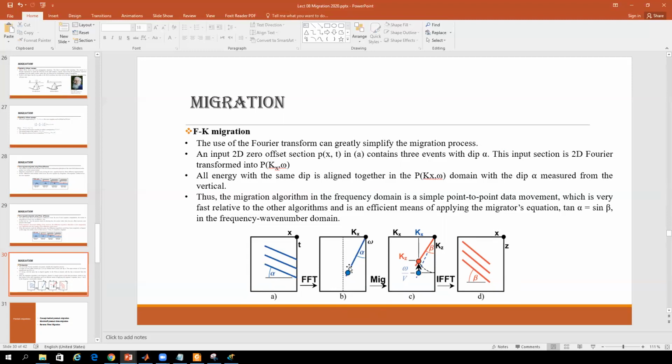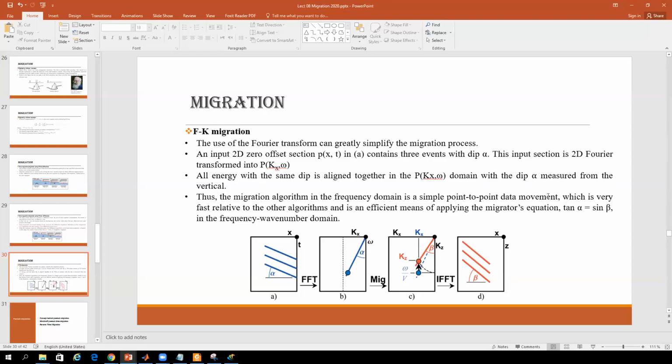And as we have seen already in the manual migration or the Hagedorn migration, the migration will convert any target with a dip or apparent slope of alpha to another event with a dip of beta, and the relationship between alpha and beta is that the tangent of alpha equals the sine of beta.